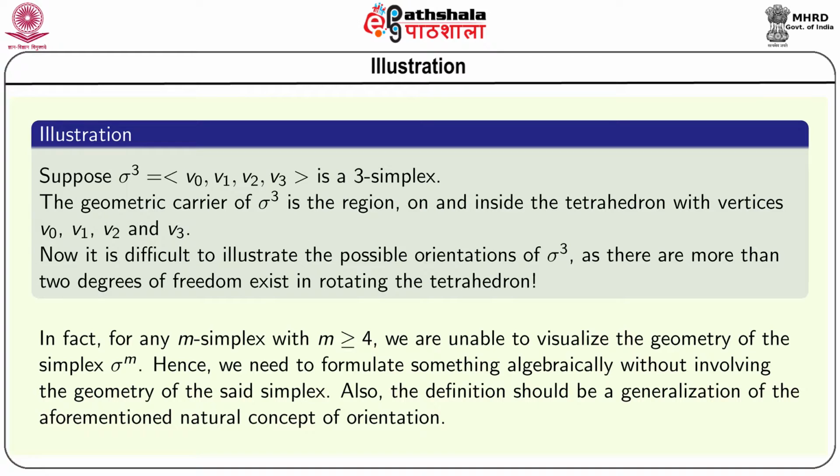So, in fact, for any m simplex with m greater than or equal to 4, we are unable to visualize the geometry of the simplex sigma m. Hence, we need to formulate something algebraically without involving the geometry of the said simplex. Also, the definition should be a generalization of the aforementioned natural concept of orientation.